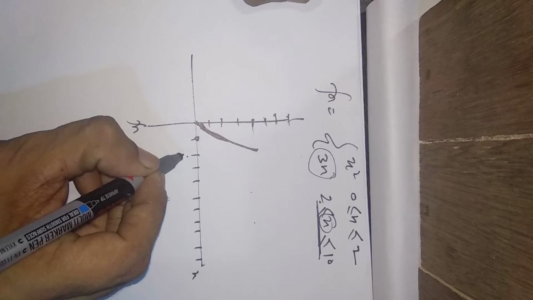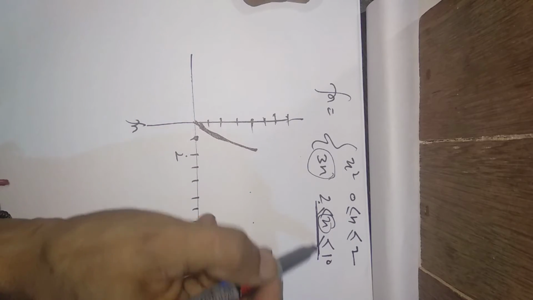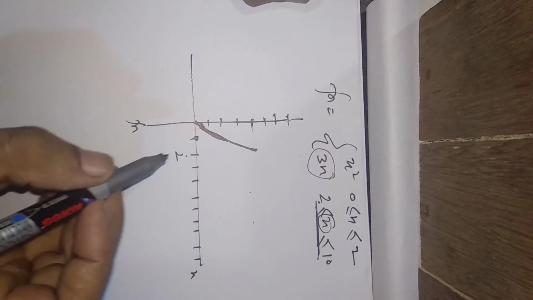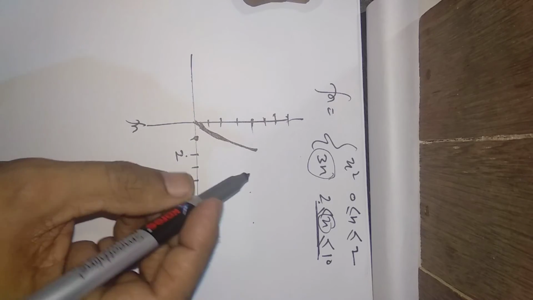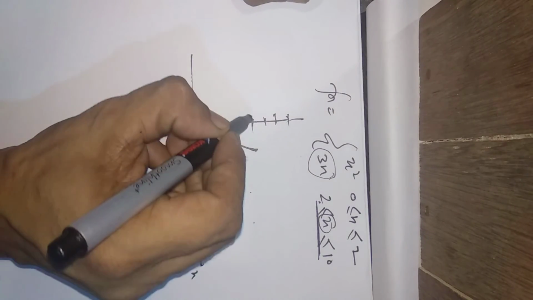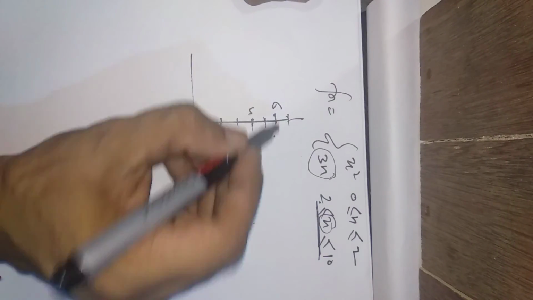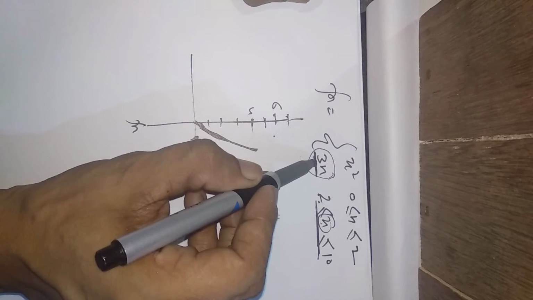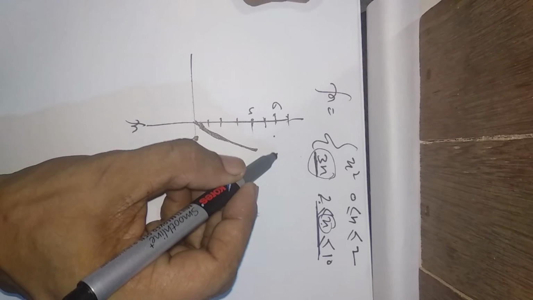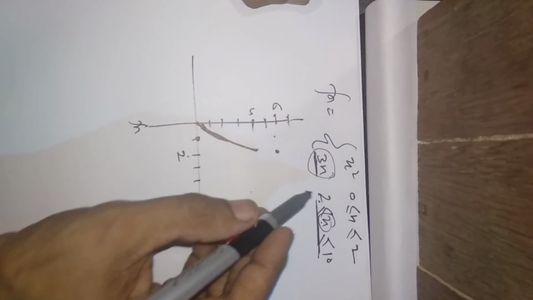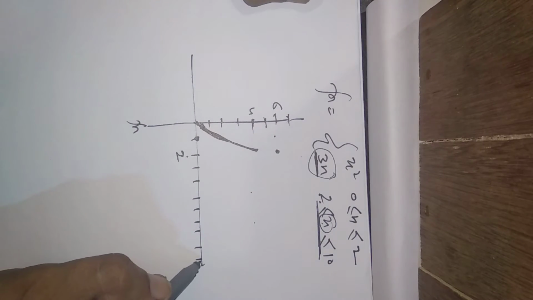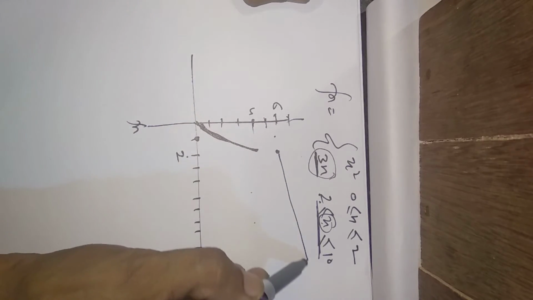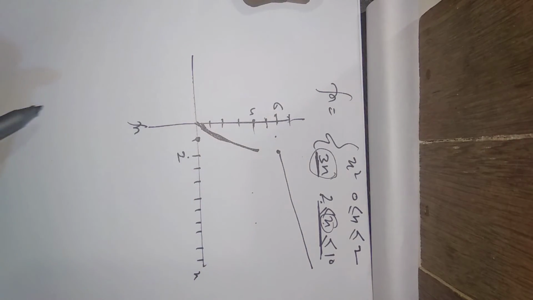So I am taking the second part of this function. When I take x equal to 2, it approaches not 4 but 6, because 3 times 2 yields 6. And later we have again a linear equation up to 10 and it moves like this. That is a linear equation.